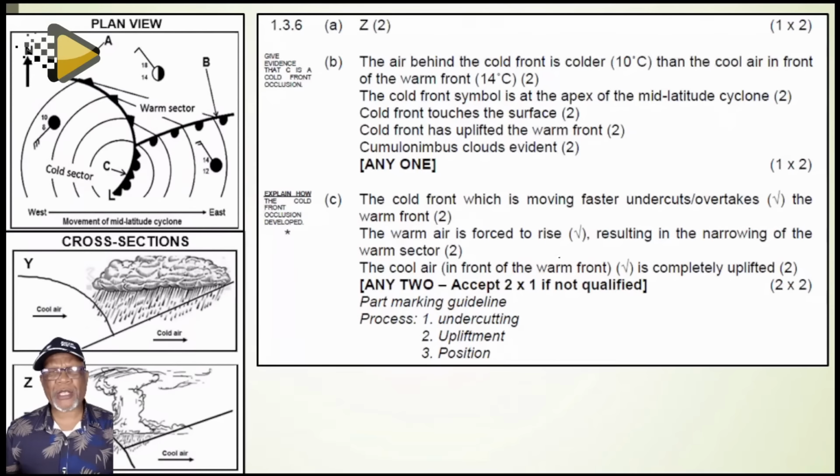It's going to go beneath the warm front and uplift the warm front completely from the surface. So that is how it's going to happen. Because of the steeper gradient, it moves faster, undercuts the warm front, and then completely removes it from the ground.